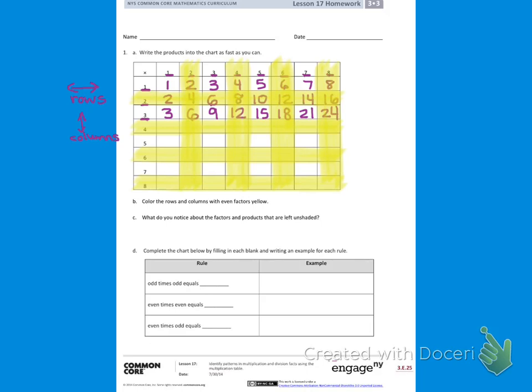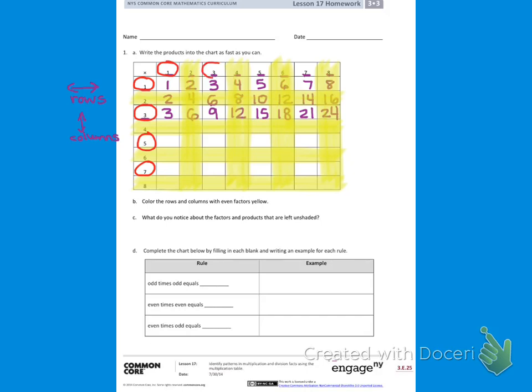Item C says, what do you notice about the factors and products that are left unshaded? I'll go ahead and circle them in red so you can see what they're talking about. These are the factors. You do not need to circle them in red.